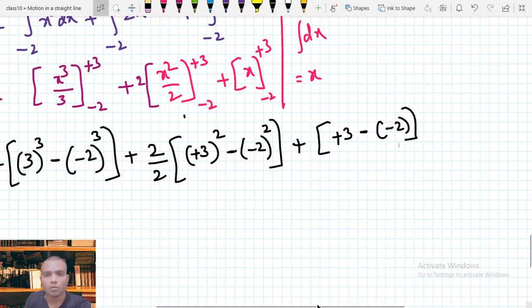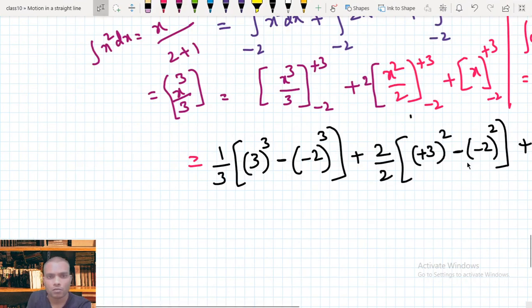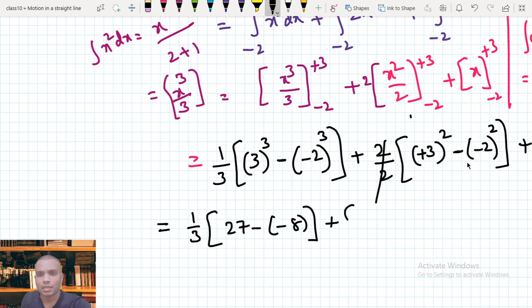Now let us simplify this. 1 by 3 cube means 27, 3 threes are 9 and 3 nines are 27, minus of -2 cube, that goes to -8, plus, and these two get cancelled, so nothing to write.